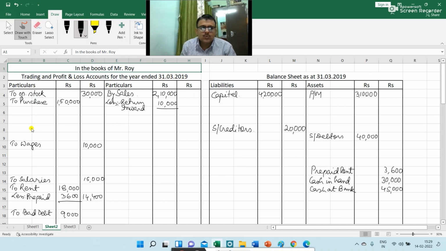Next is return outward. You need to reduce the amount of purchase by less return of 20,000. So we are going to reduce 20,000 of return outward from purchase. Next item is provision for doubtful debt for rupees 1,000, which is given in the trial balance.